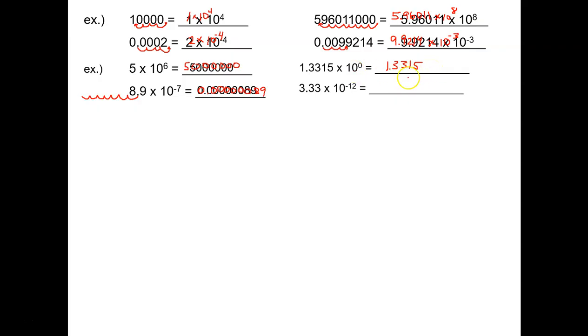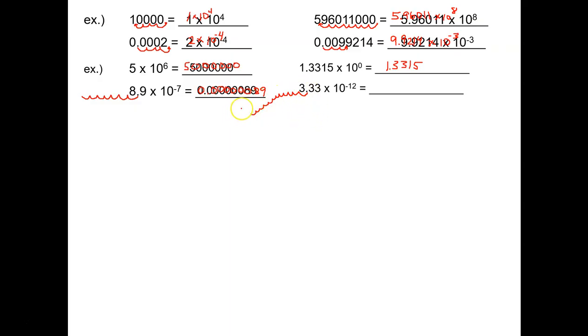All right. The other one here is 3.33 times 10 to the negative 12th. Now, that means that this decimal point has to be moved 12 spots, and it's going to be smaller than 1. So this is going to go smaller than 1. 1, 2, 3, 4, 5, 6, 7, 8, 9, 10, 11, 12.